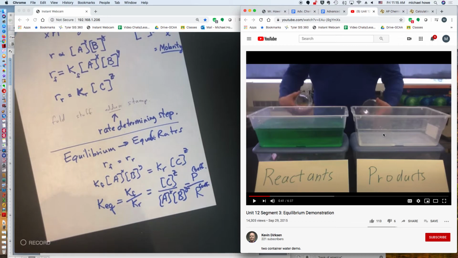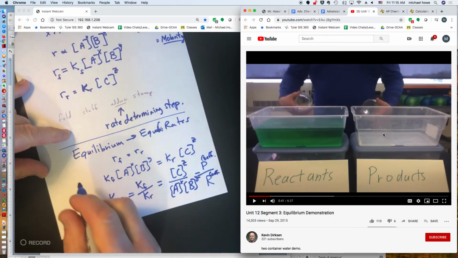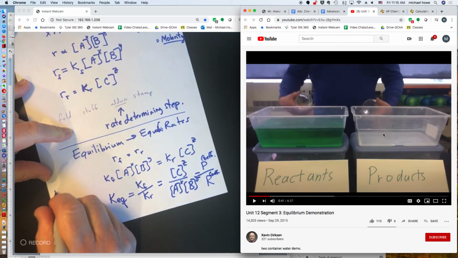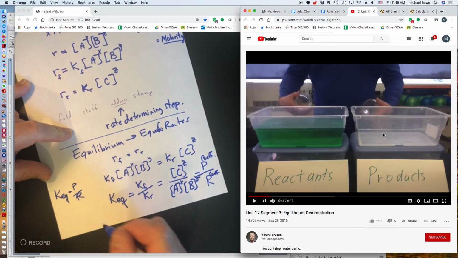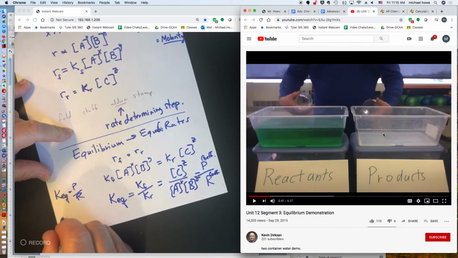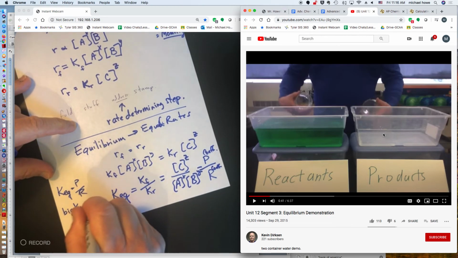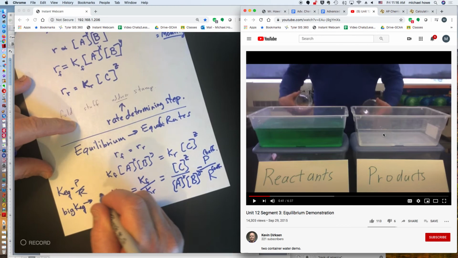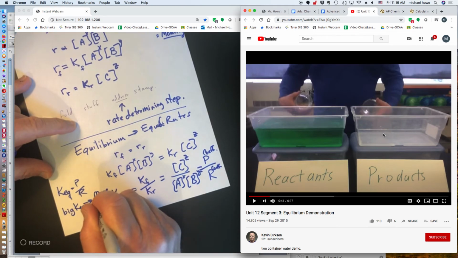I'd also like to remind you before we end this segment of class that since KEQ is a ratio of products over reactants, if you have a big KEQ, that means the products are favored, so there are more products.